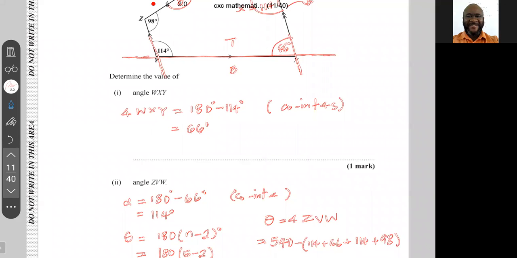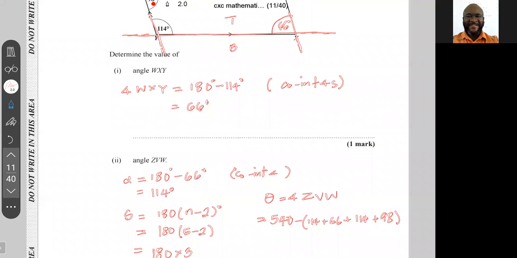I know 4 and I want to find the 5th angle. It's simple. Since all 5 must add up to 540, I simply add the 4 and take it away from 540. So this is 180 plus 114 plus 98, and this is 392. So this is 540 minus 392.